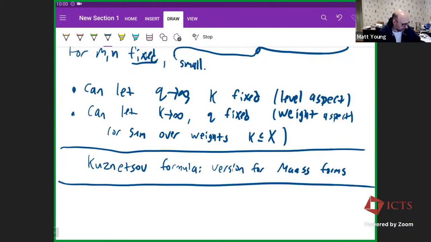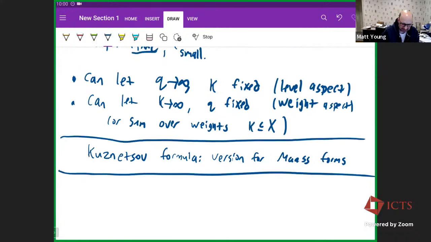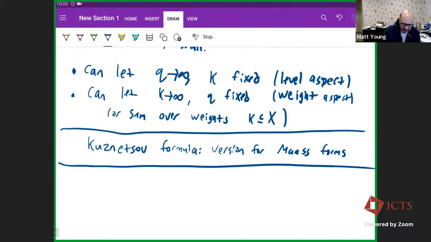So what else? There's a vast amount of work on moments of L functions in these families, and I have more I want to say about that, but it's about time to stop, and we can continue tomorrow, or Friday, I should say.